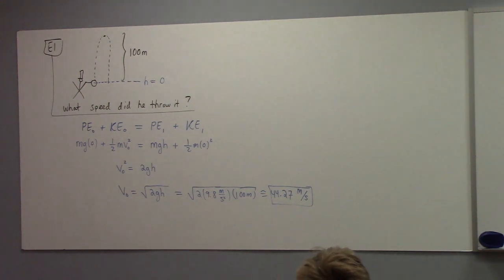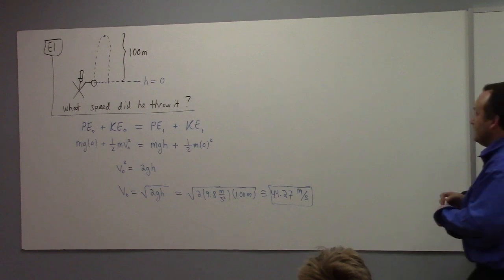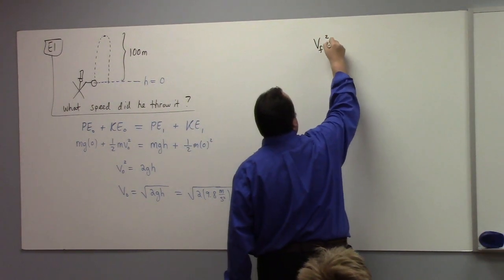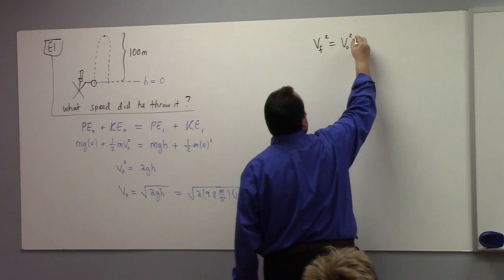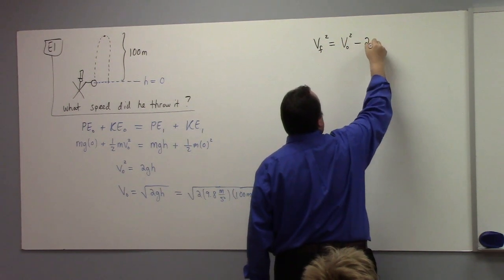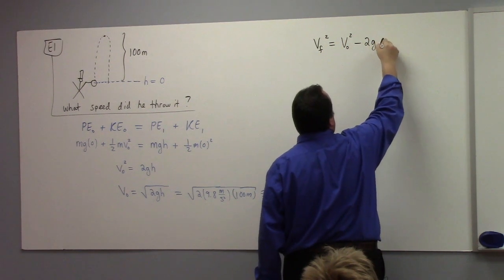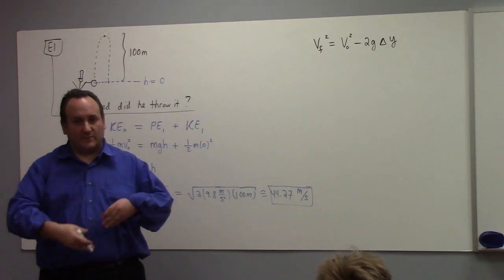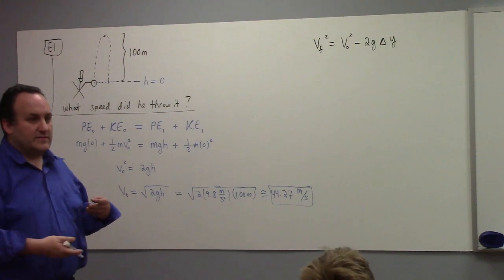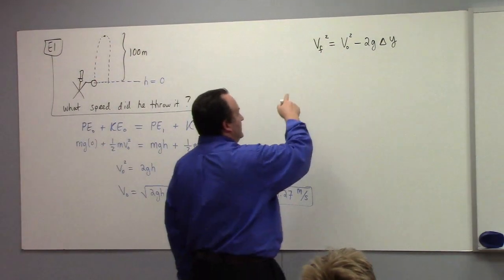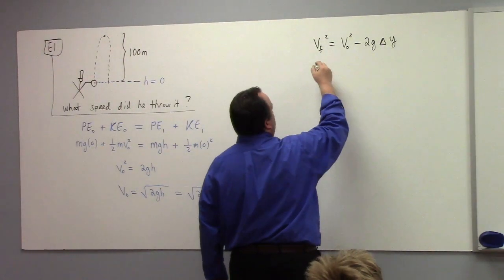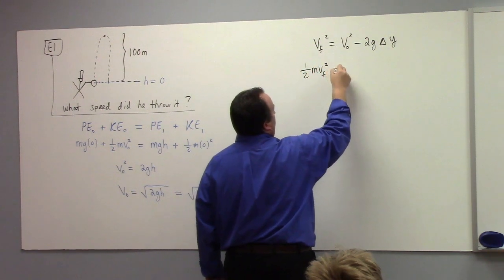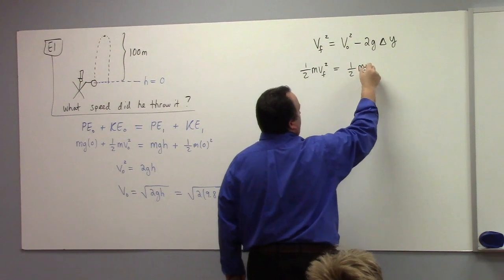What is the timeless equation for the y direction, by the way? It's Vf squared equals V naught squared minus 2g change in y, right? That would be the timeless equation with respect to the y motion, right? Take that and consider this. If you multiply by 1/2 m, you get this.